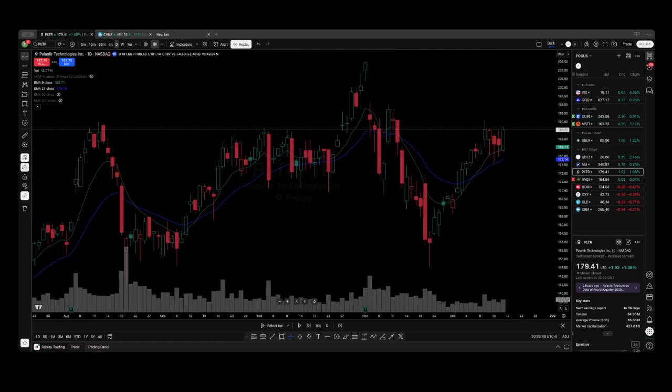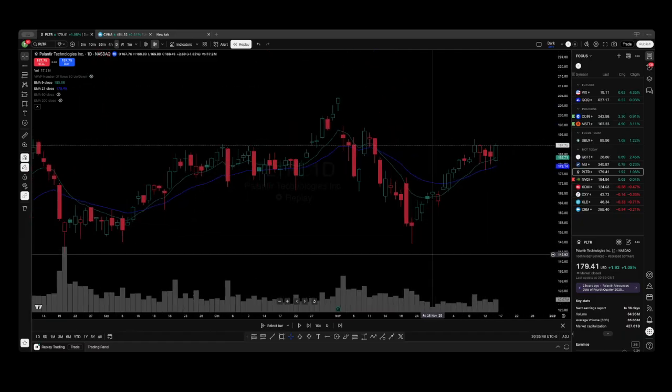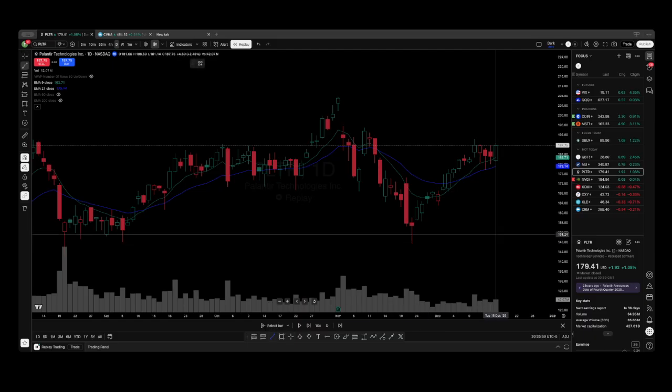To the average retail participant, this also looks like a flag. When simply thinking about flags and continuation patterns, they both look similar.